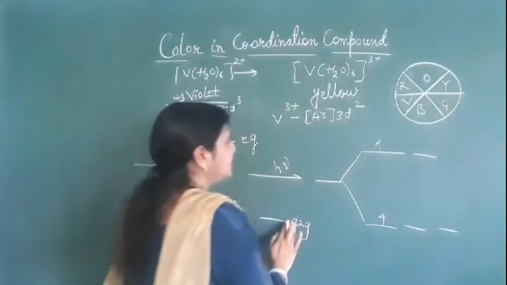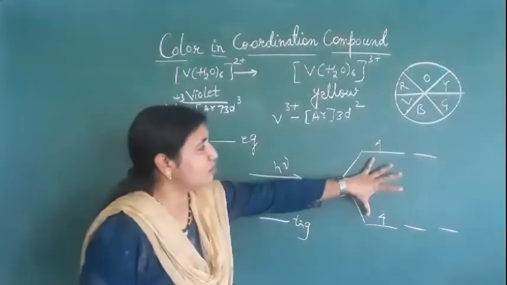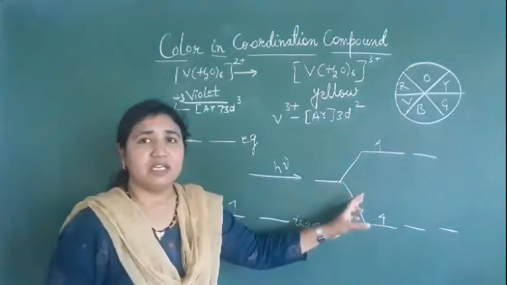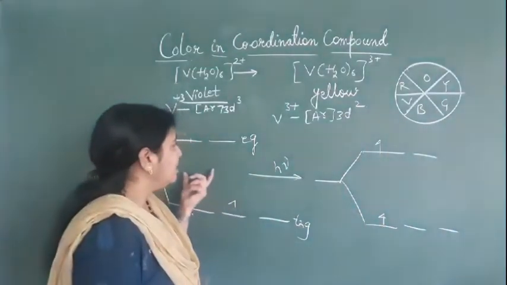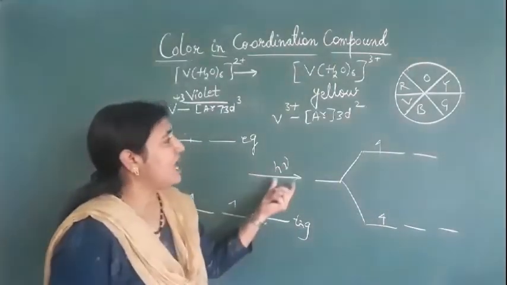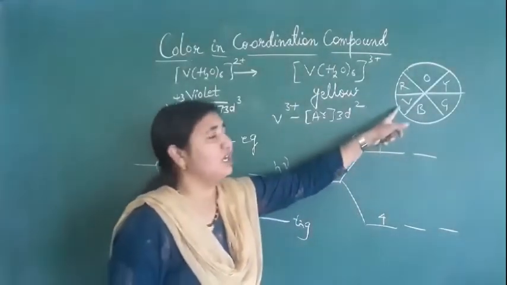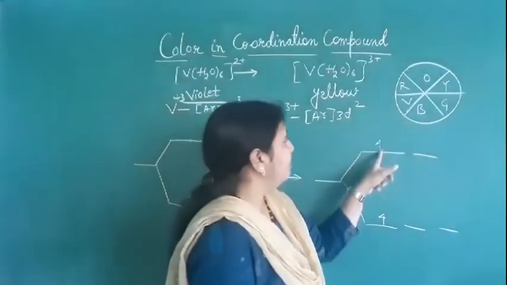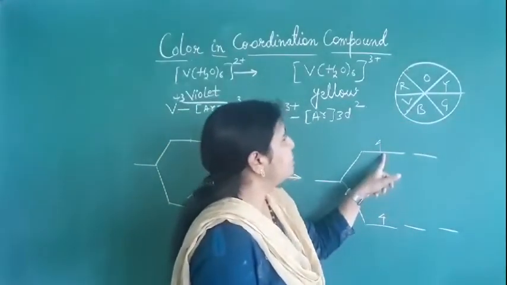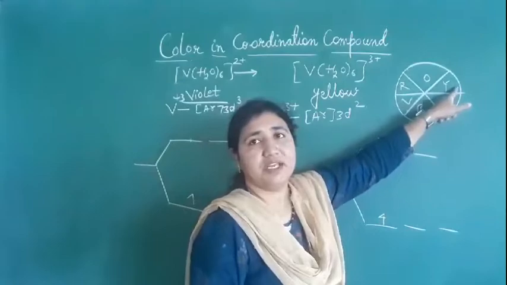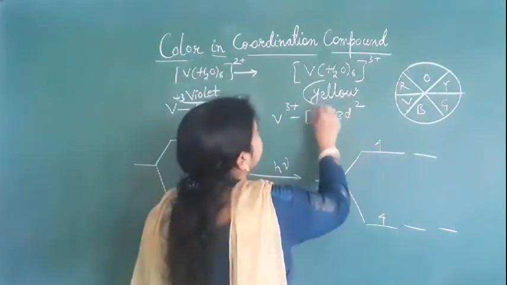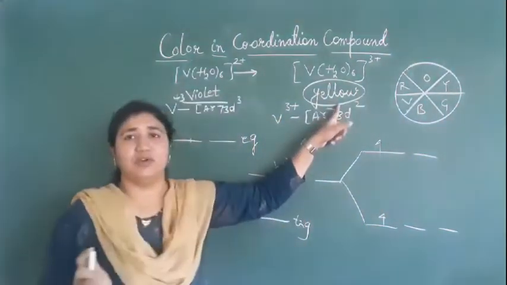Because the splitting is more, the delta O value is large, this complex will absorb the high energy wavelength, violet, and when it falls down it gives its complementary color, yellow. So this complex color is yellow.